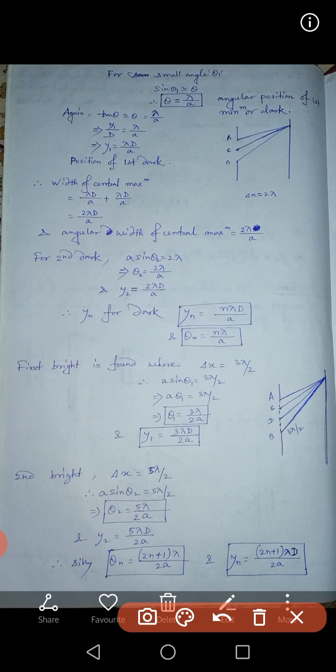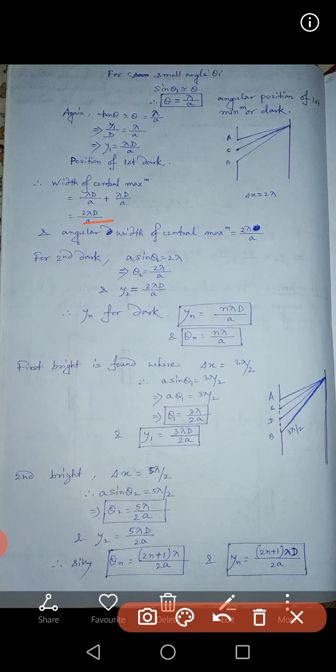Now y1 is lambda D by a, so lambda D by a plus lambda D by a means the width of the central maximum will be 2 lambda D by a. Remember this one.